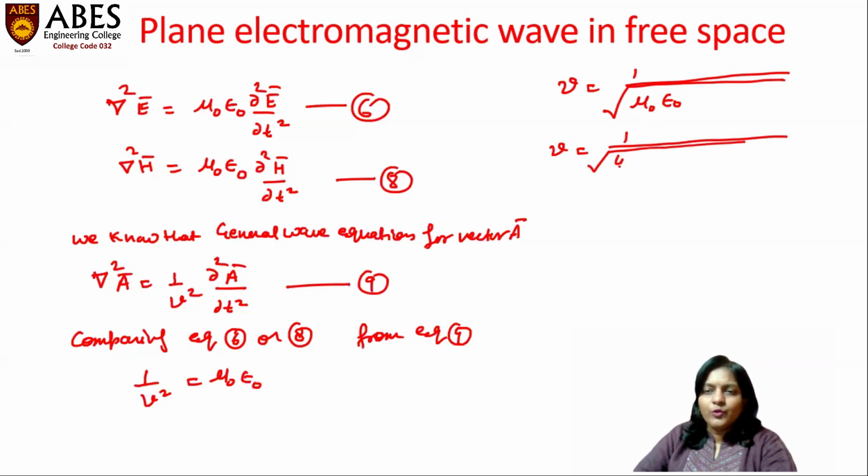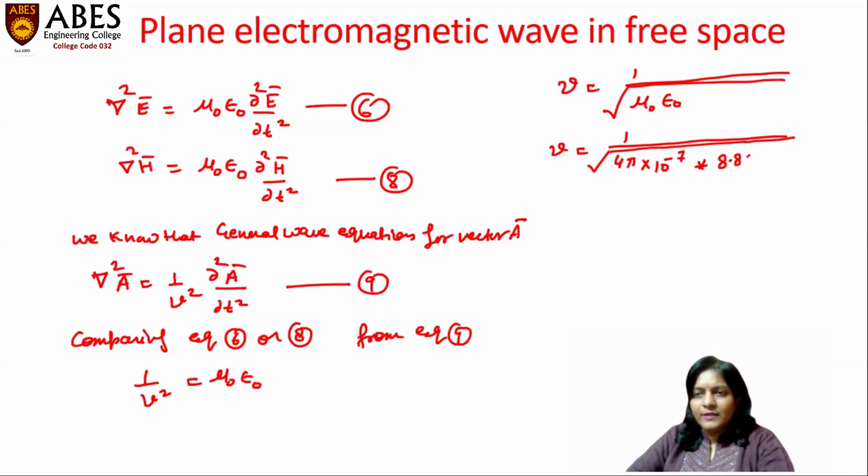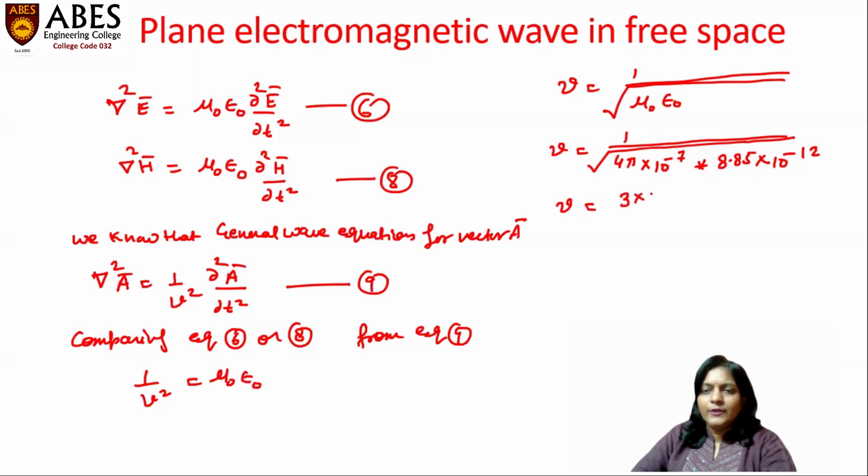In place of mu naught, the value can be put as 4 pi into 10 to the power minus 7, and epsilon naught is 8.85 into 10 to the power minus 12. It gives V is equal to 3 into 10 to the power 8 meter per second.